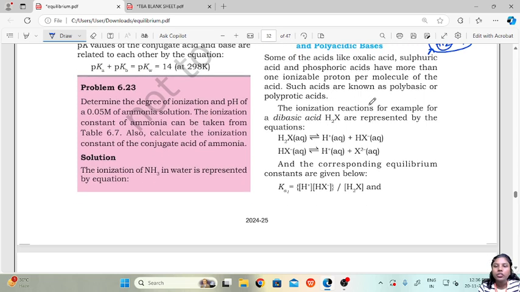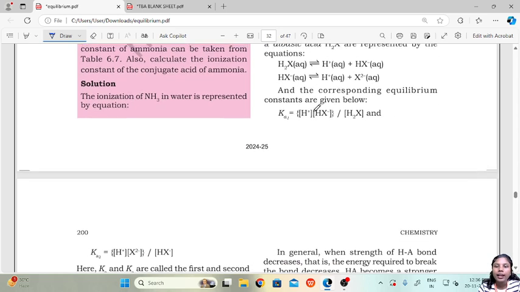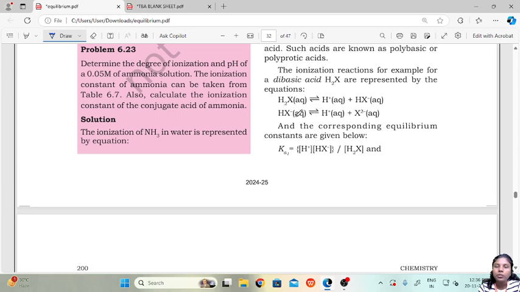The ionization reactions for a dibasic acid, say H2X, are represented by the equation H2X giving H plus and HX minus. Here only one of the protons is getting ionized, the other one still sticks to the initial one. Then it becomes a 2-step reaction, where the next proton is ionized, and finally we get X2 minus.